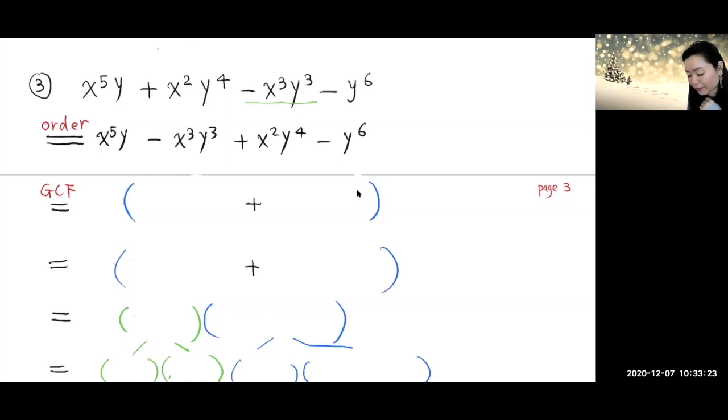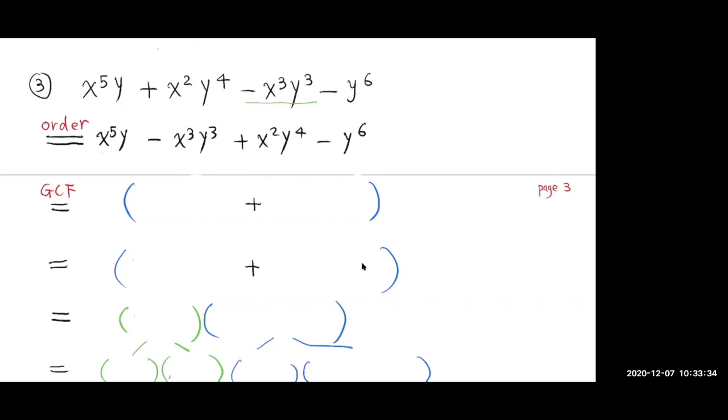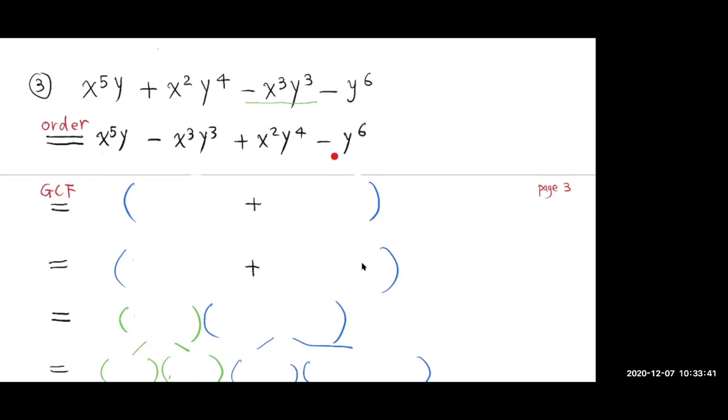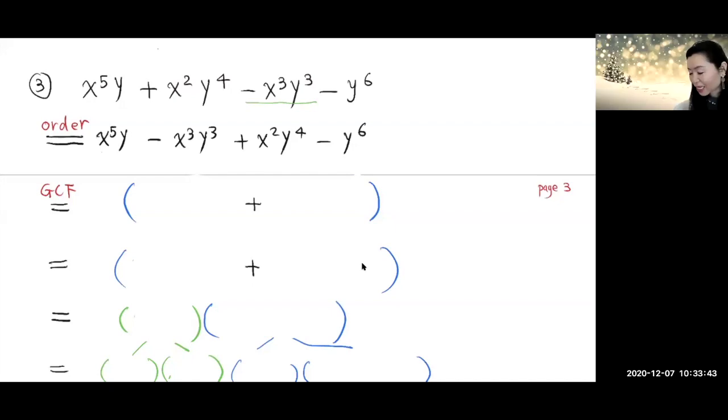Okay, x to the 5th, x cubed, x squared. Now we take out the GCF. What's the greatest common factor here? x squared y. This one doesn't have x, so we cannot have x in the common factor. It will be just y, right?